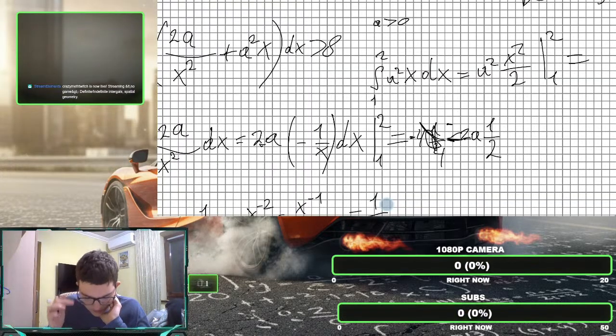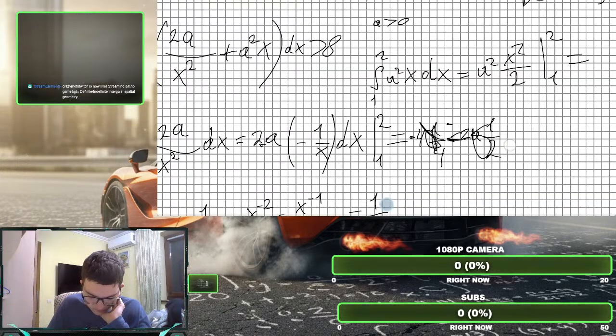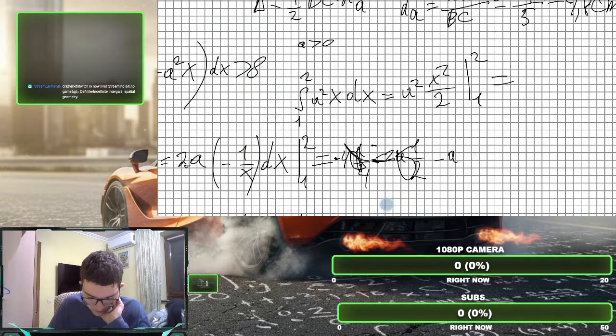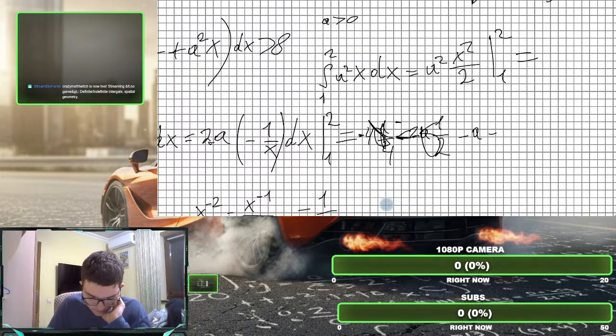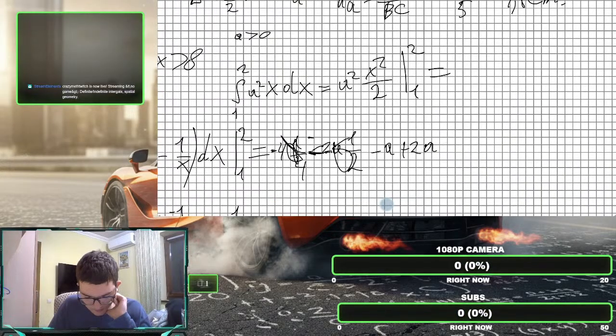So get minus a here when I work with a 2, and minus there, so essentially it's two minuses, right? Minus 2a, so that goes a plus, and I get like a here.